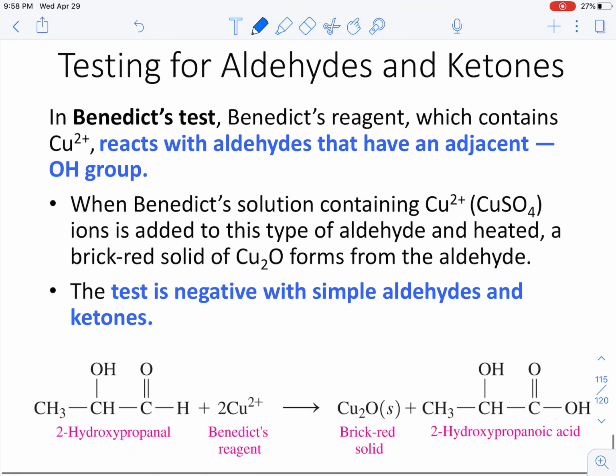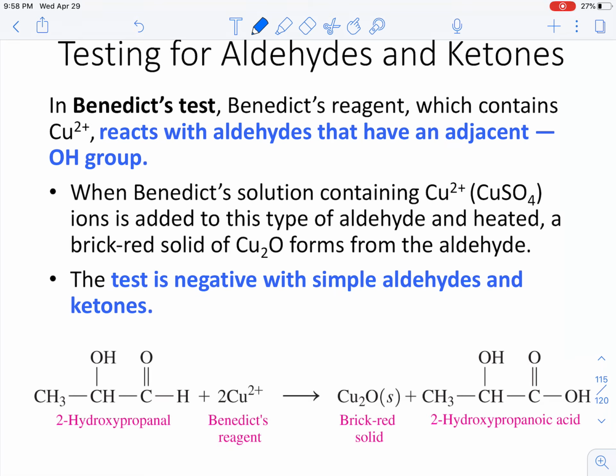And so another test that I want to talk about is called the Benedict's test. And we'll see it in chapter 13 when we talk about carbohydrates. And so Benedict's test tests for the presence of aldehydes, but not simple aldehydes.